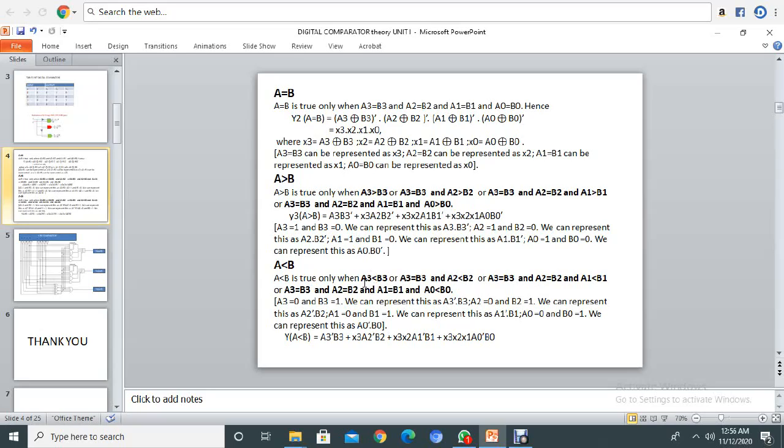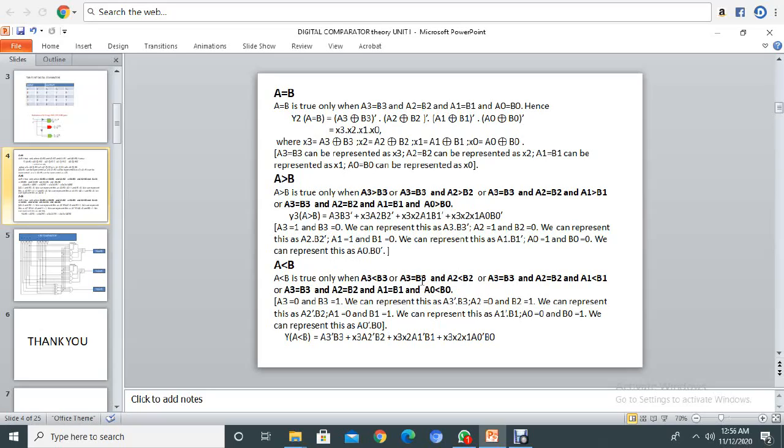If A3 is less than B3, simply we can say that A is less than B. If both are equal, that is A3 is equal to B3, then you have to check the next bit.